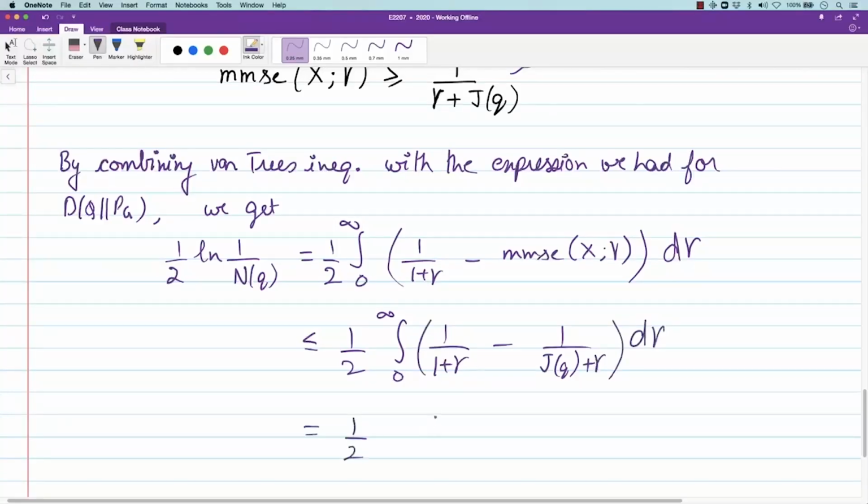The first term we can integrate, that's log 1 plus gamma, and in the limit gamma going to 0, this is 0.